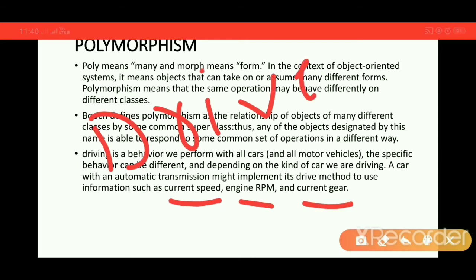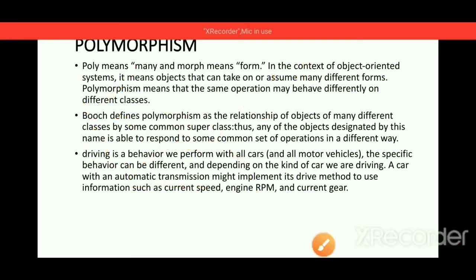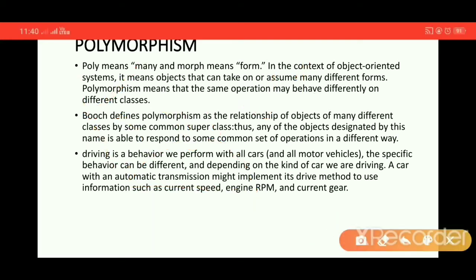A car with an automatic transmission can have the same behavior, but there is an implementation depending on its current speed, engine RPM and the current gear. It can have its own implementation, its own driving capabilities or features. That is implementation detail, but driving is common for all.